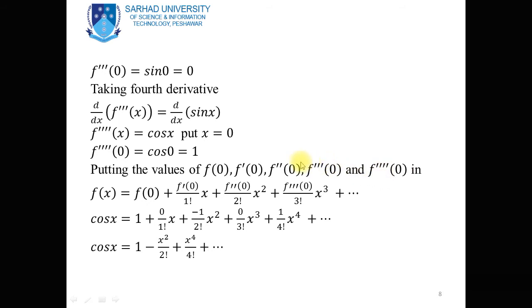So putting all these values in this Maclaurin series, f(x) is the given function, f(x) = cos x.